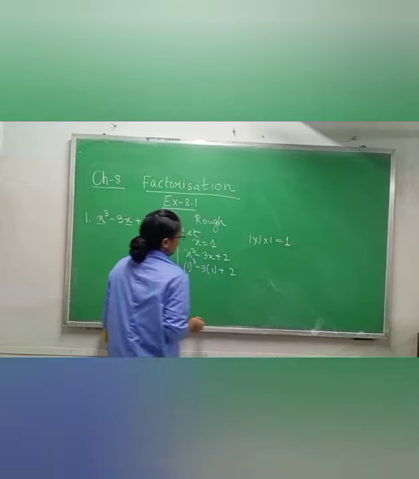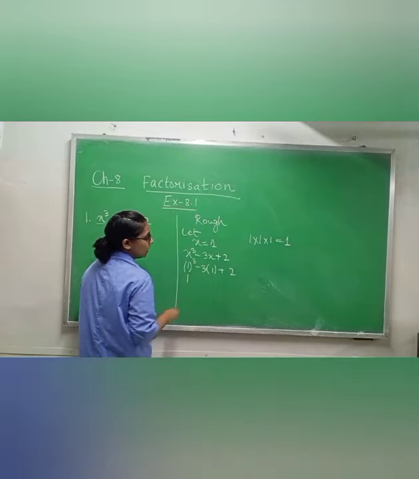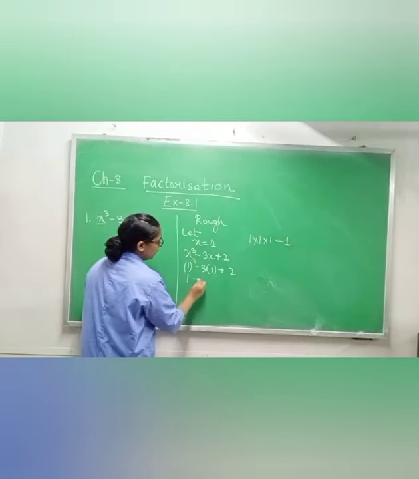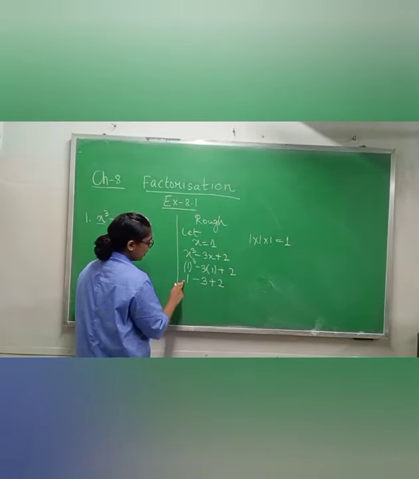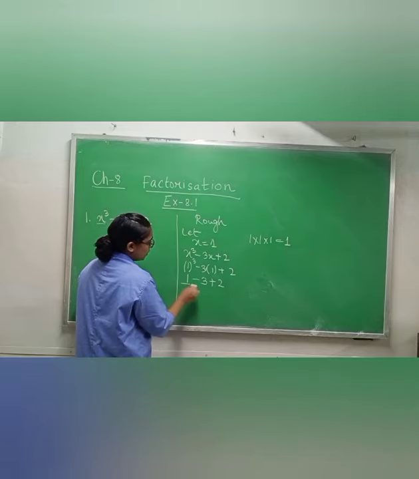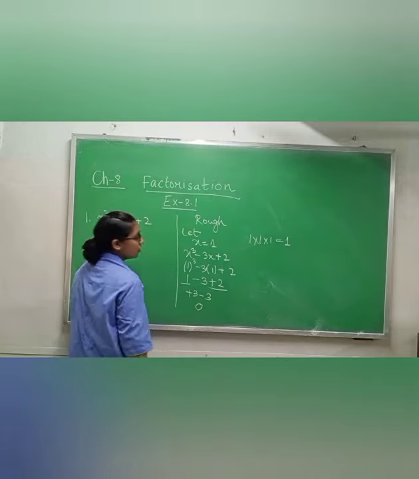Now 3 into 1, if there is no sign it means multiplication, gives 3. So plus 1 and plus 2 gives plus 3, minus 3. Plus 3 and minus 3 gives 0.